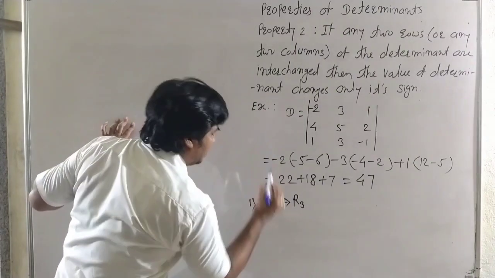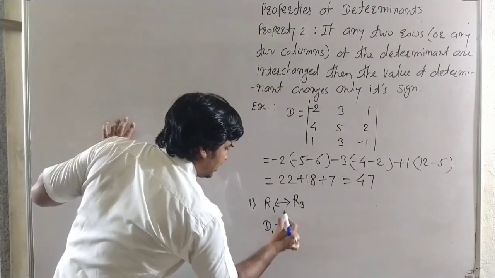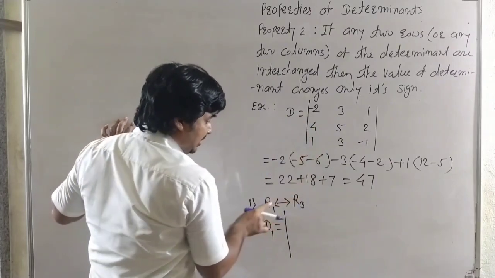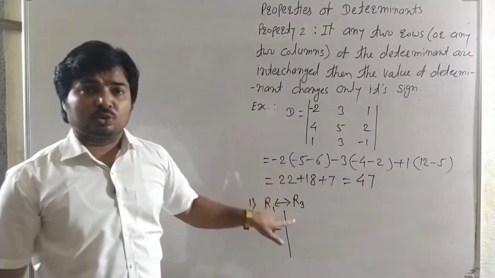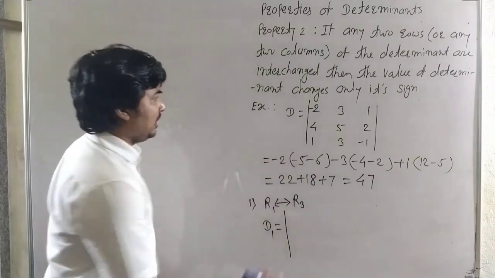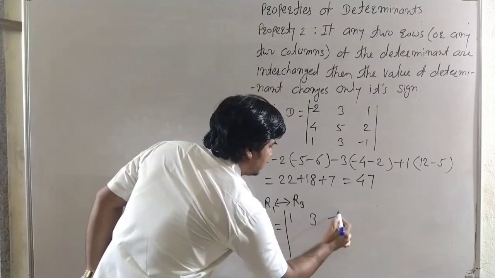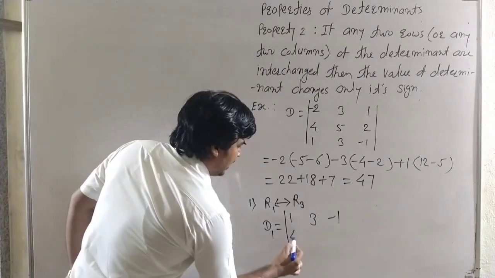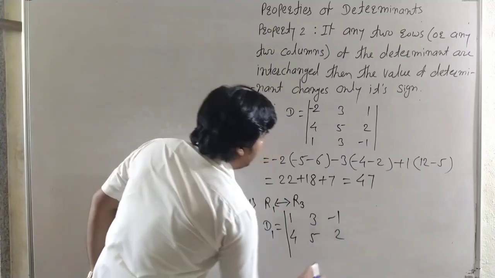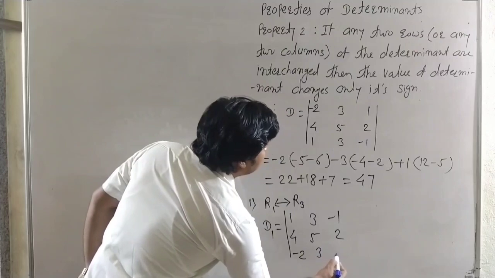Then we get a determinant, we can call it D1. Here we interchange row 1 and row 3: write row 1 in place of row 3 and row 3 in place of row 1. Here it is 1, 3 and -1, row 2 as it is 4, 5 and 2, and -2, 3 and 1.